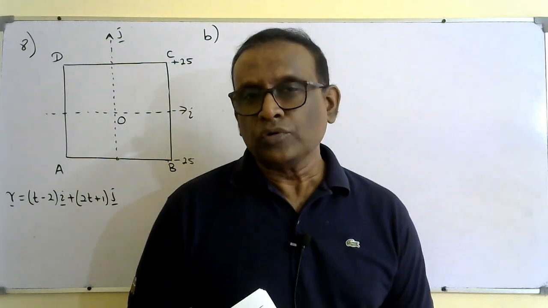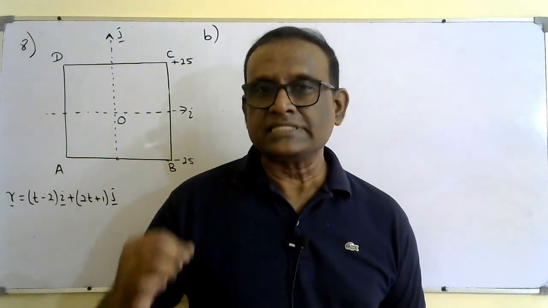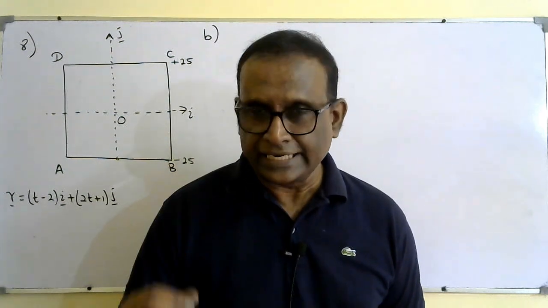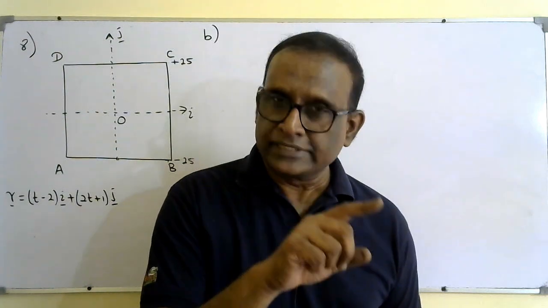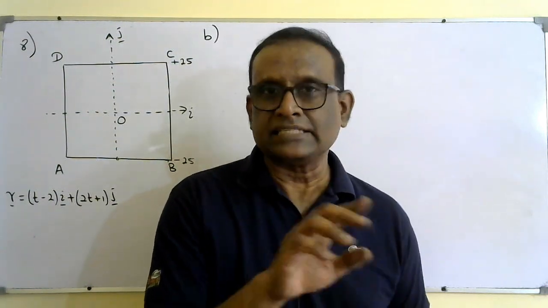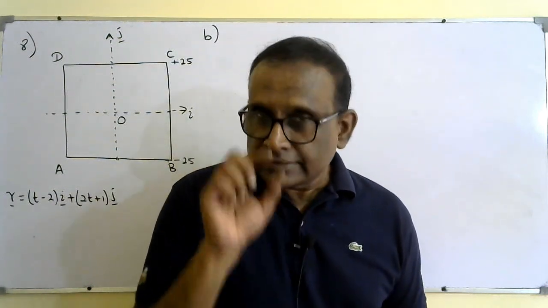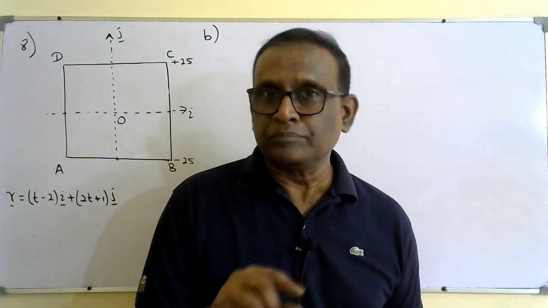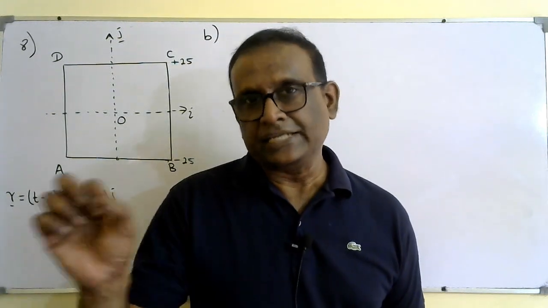Okay, so how do we find it? To find the position vector at a particular instant, we should know the position vector at initial time t equals 0. That is, initial position vector plus velocity into time, right?